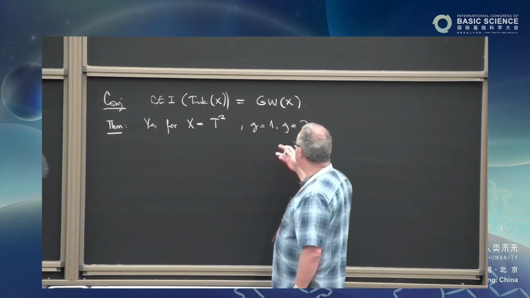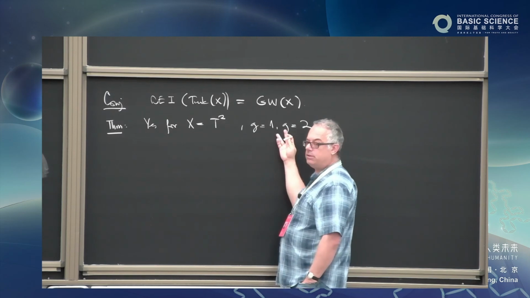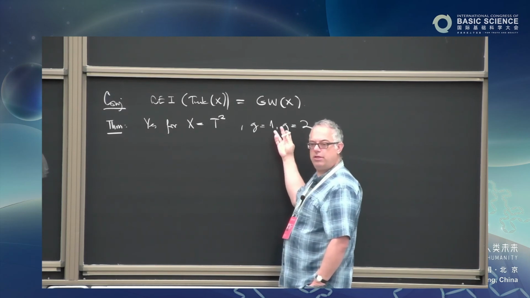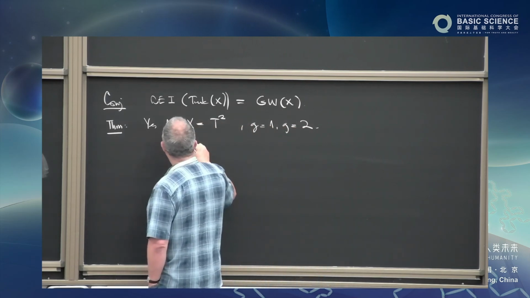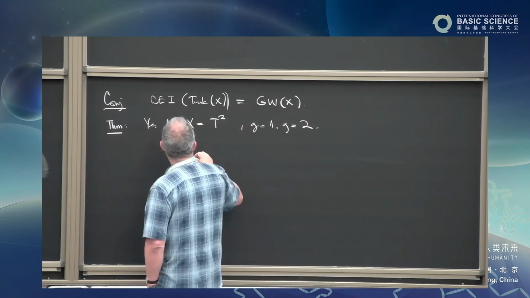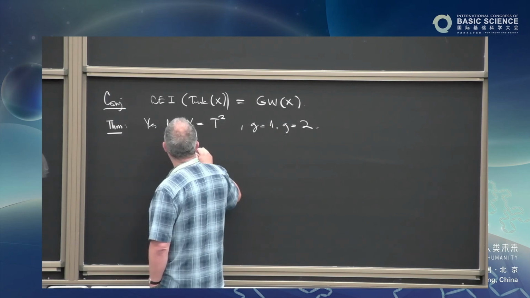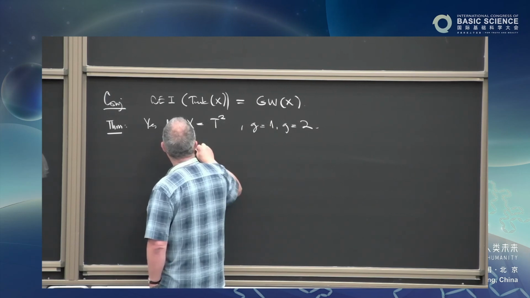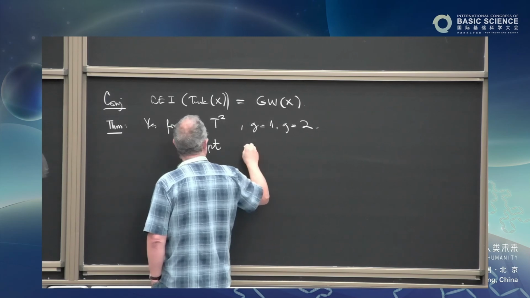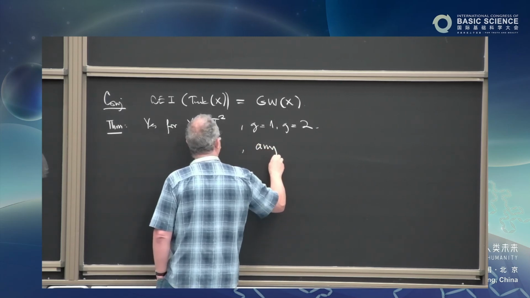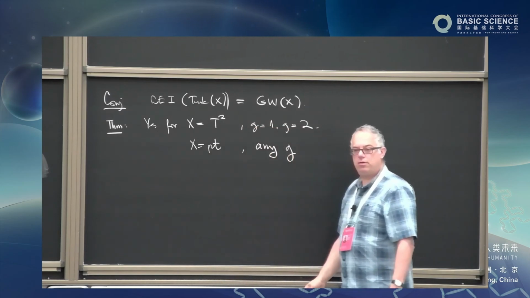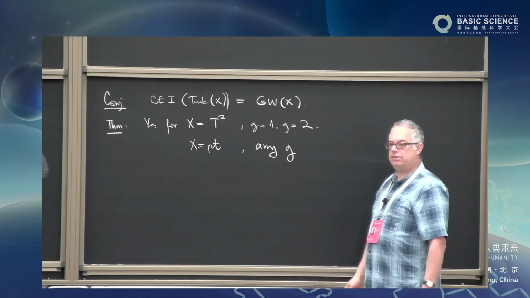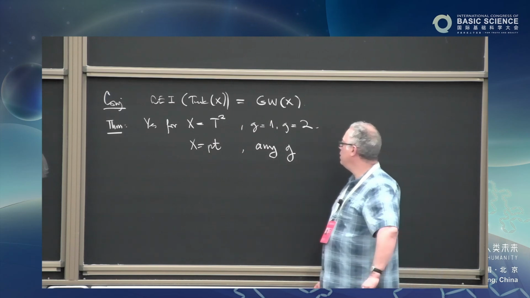So these are some horrible, enormous power series, and the fact that they match is good indication that this works. Other situations that we know, X equals a point and any g. So this theory recovers the full intersection theory on moduli spaces of curves. So it's already quite powerful.